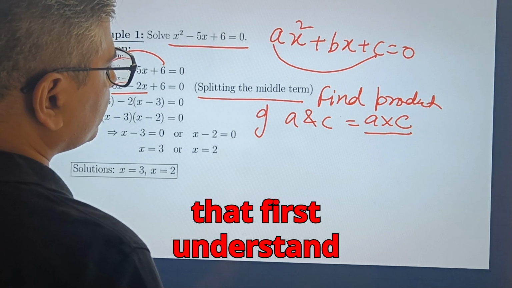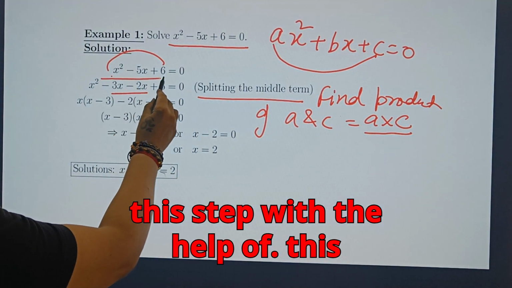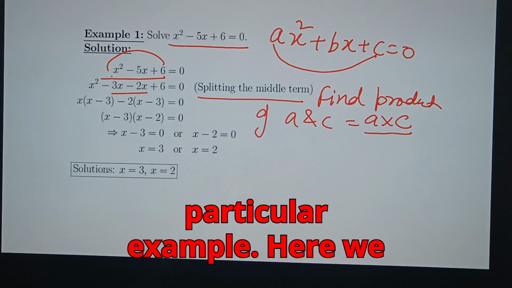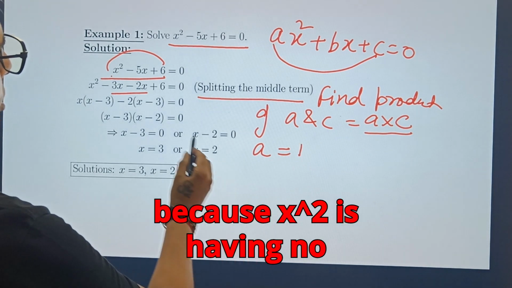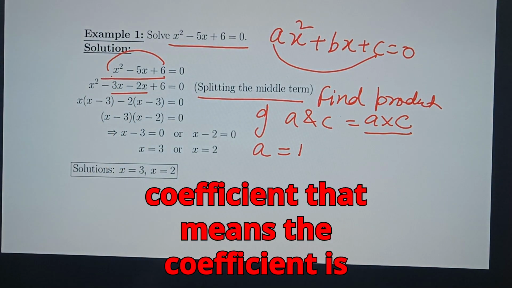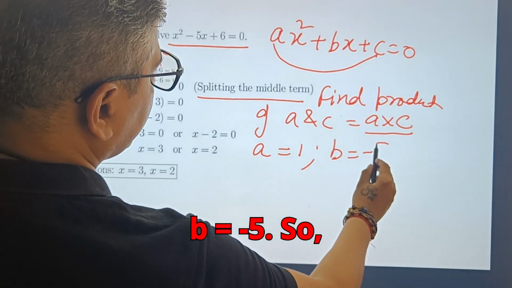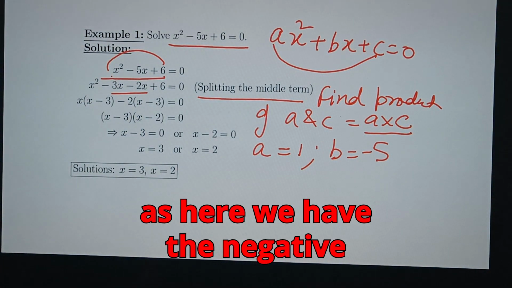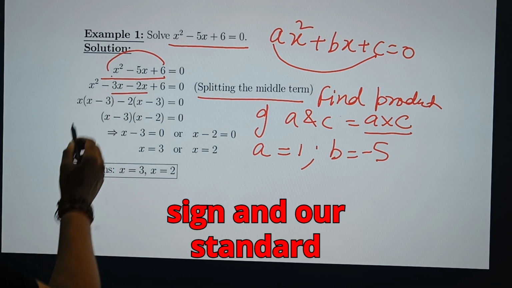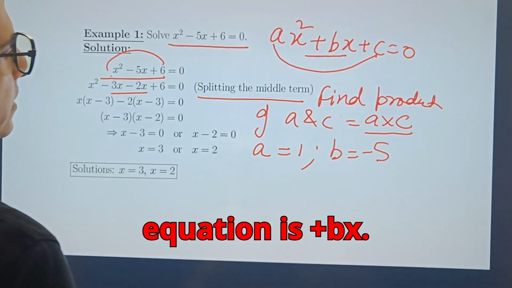After that, first understand this step with the help of this particular example. Here we have a equal to 1 because x square has no coefficient, that means the coefficient is 1, and b is equal to minus 5. This is very important, as here we have the negative sign and our standard equation is plus bx.